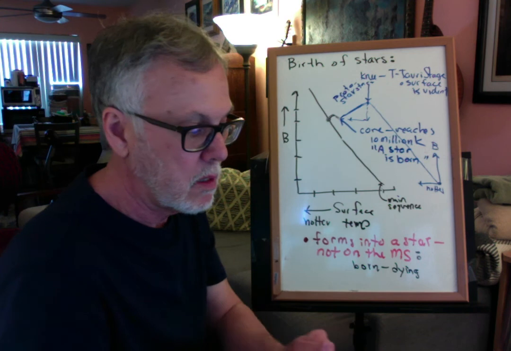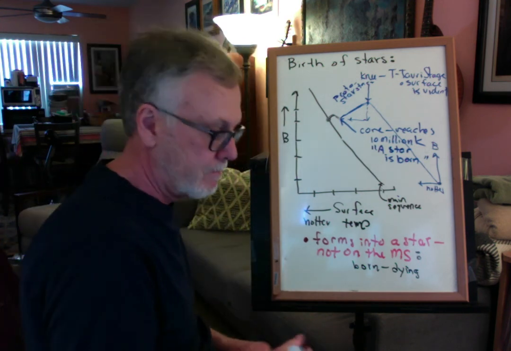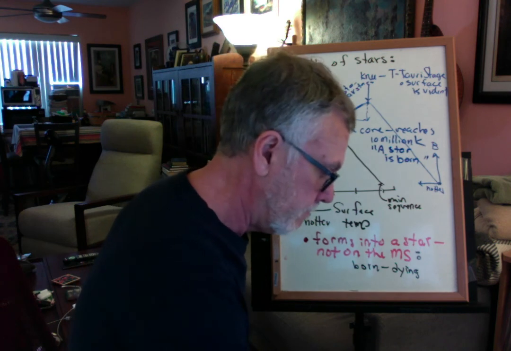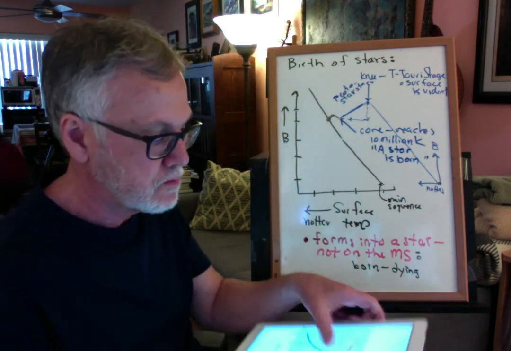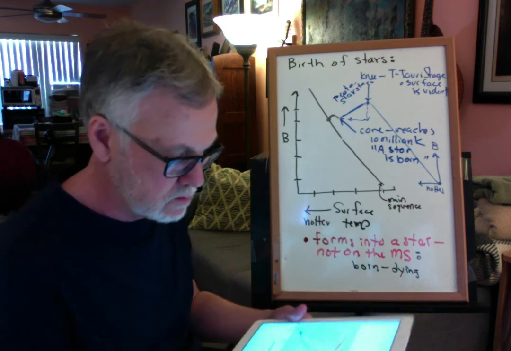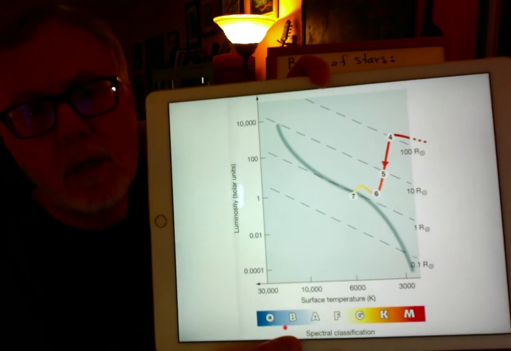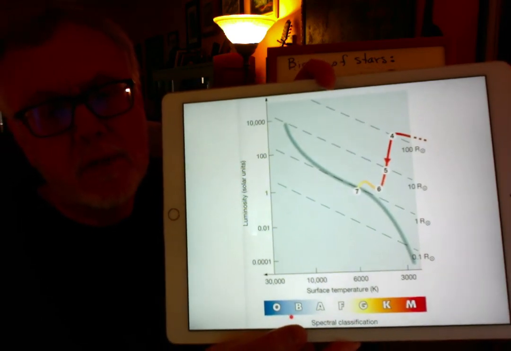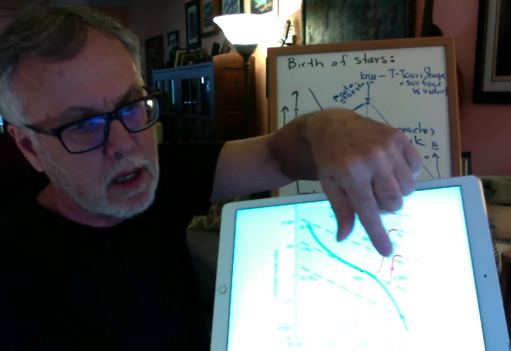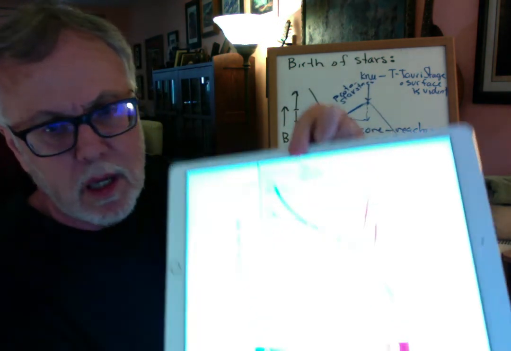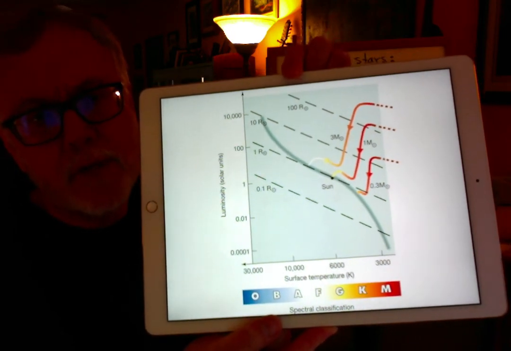Now, there's a couple of things to note about this. You see where the star hops onto it. It takes a little bit to stabilize there. What we find is stars basically follow the same process.